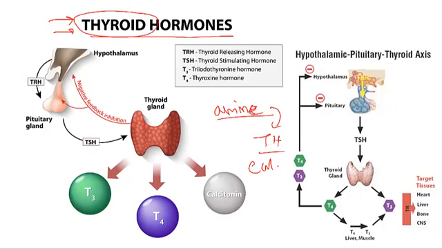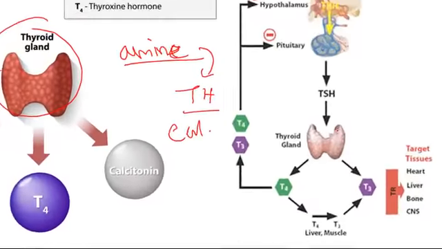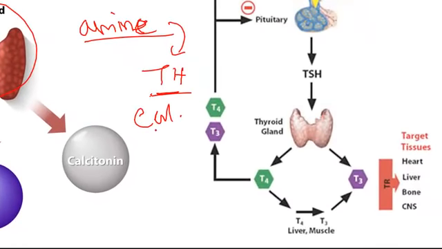They produce a hormone known as calcitonin. So if you look, this is the thyroid gland, which we saw earlier the location of, it is near the voice box. Now the thyroid gland starts secreting this thyroid hormone or calcitonin depending upon the signal they receive from the pituitary, which we saw earlier, in the form of thyroid stimulating hormone.